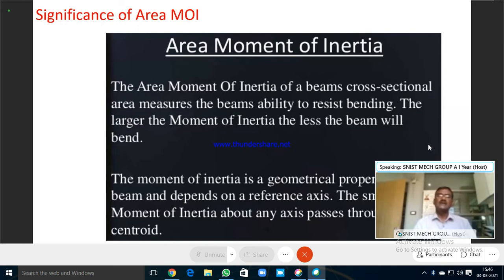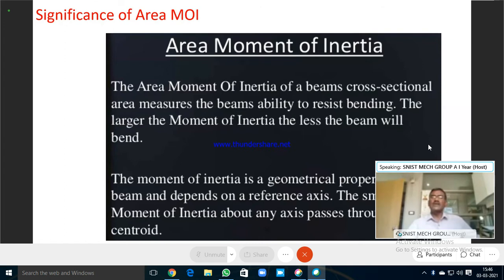So area moment of inertia concept is very much useful in your strength of materials subject, right? The moment you have a more moment of inertia, area moment of inertia, that means for a given cross section area, let us say you have more moment of inertia and less moment of inertia depending upon the orientation of your beam.